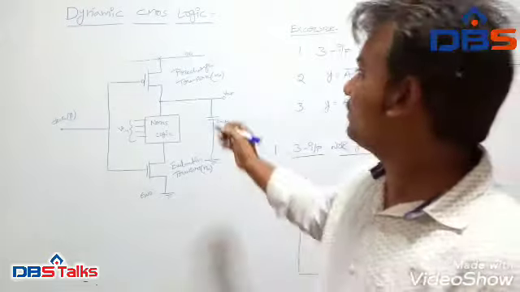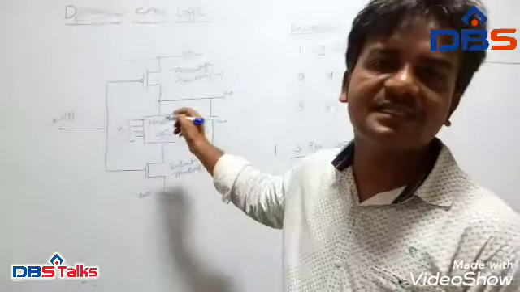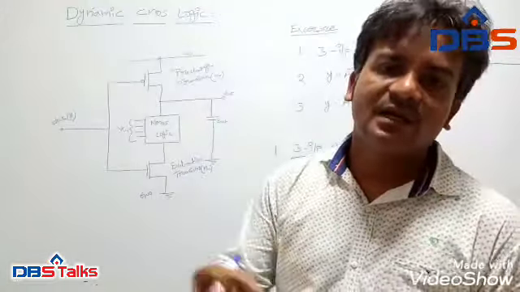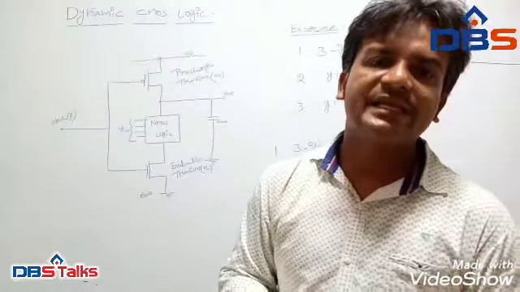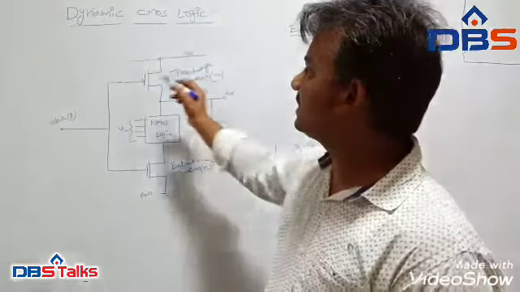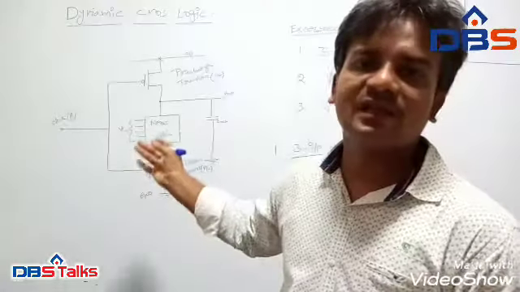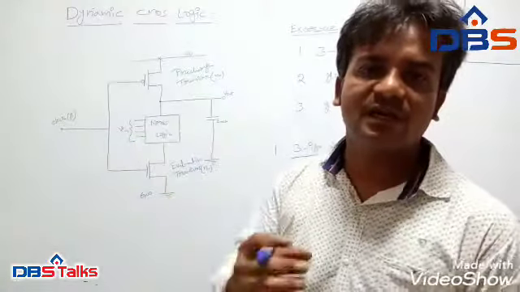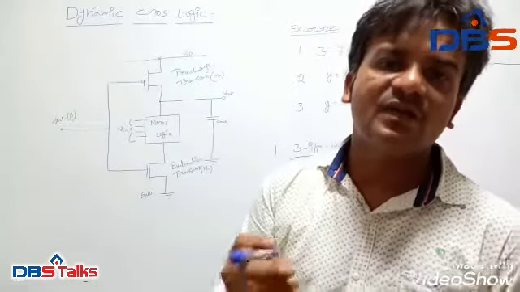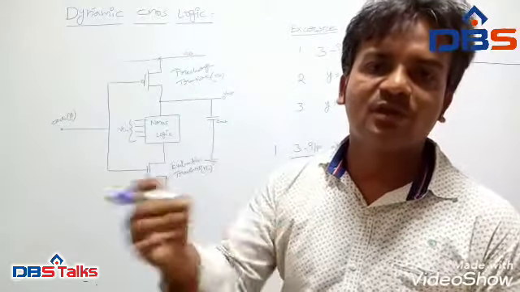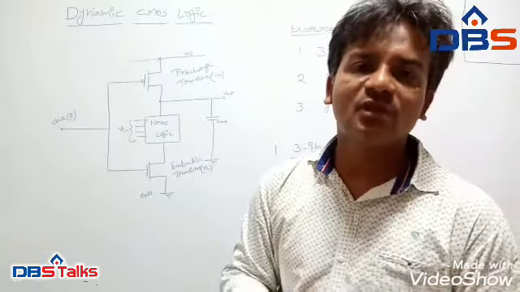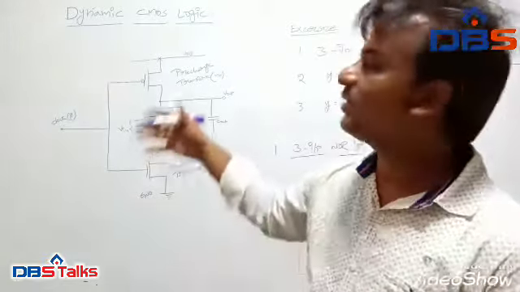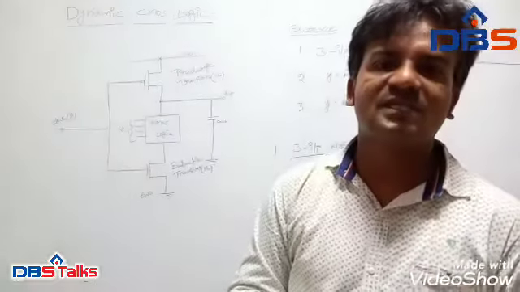If the number of components increases, the power consumption of the circuit also increases, so the life of the design will not be as long as desired. To overcome those disadvantages, we go for some special circuits.